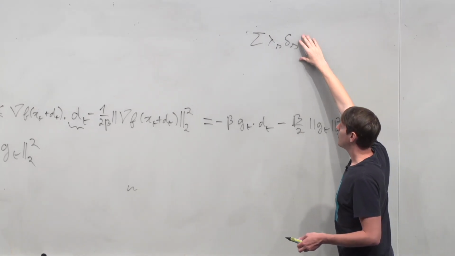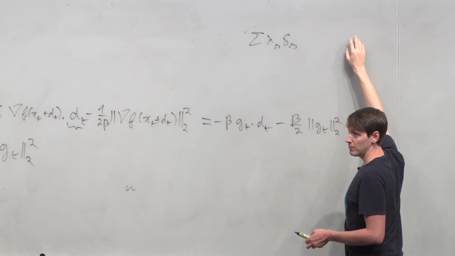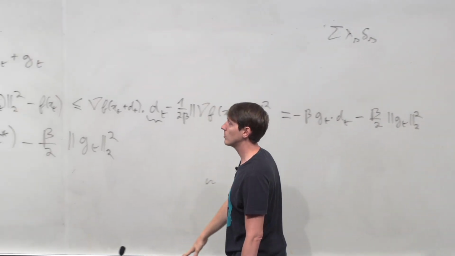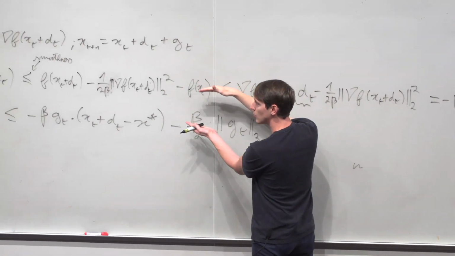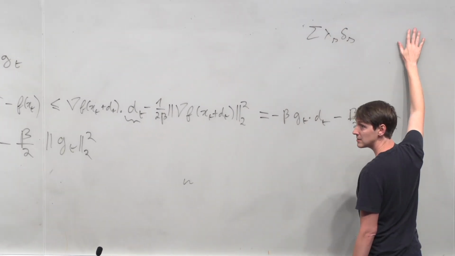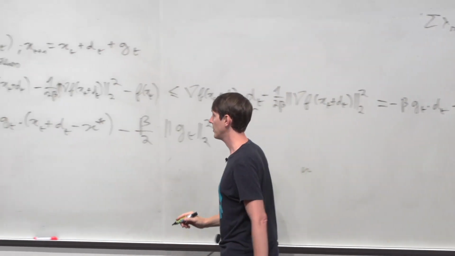Often what you want is to upper bound each term individually by something summable, so that you get a telescopic sum when you sum them. So this is all we're doing right now: combine those two inequalities to get something of this form, and then massage the right-hand side so that I get a telescopic sum.